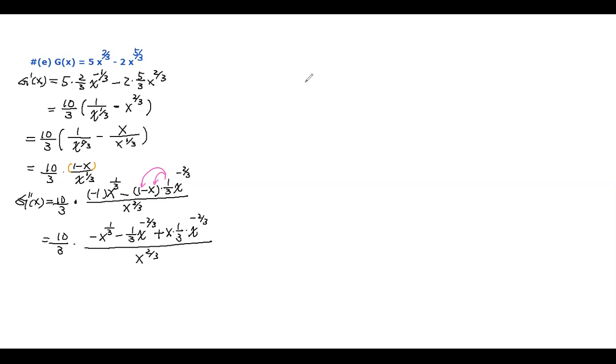Whew. Okay, now let's try to combine this. So let's see how do we combine it. Okay. So now here, this is 10/3, right? So this is x to the 2/3, right?